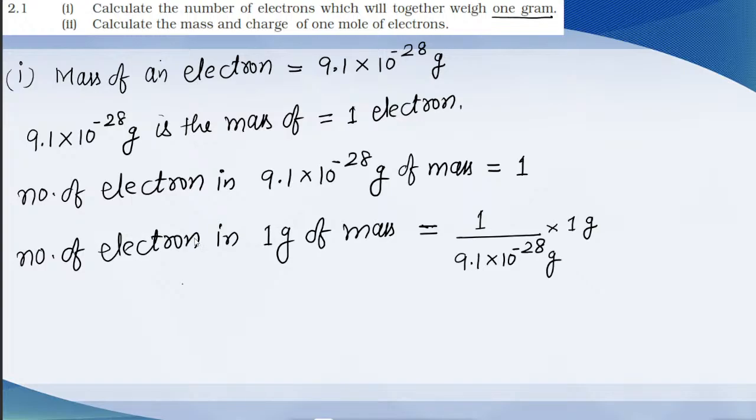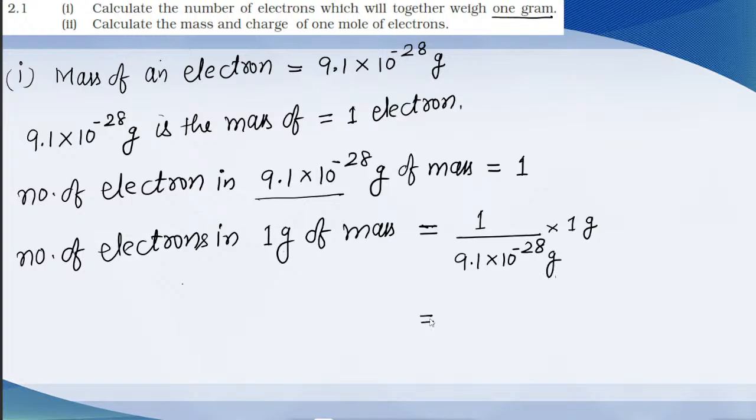So in 1 gram it becomes 1 upon 9.1 into 10 raised to minus 28, the gram cancels.